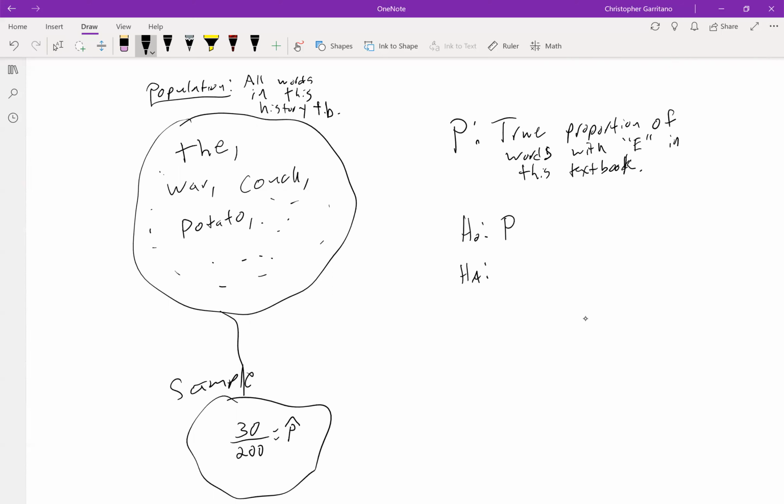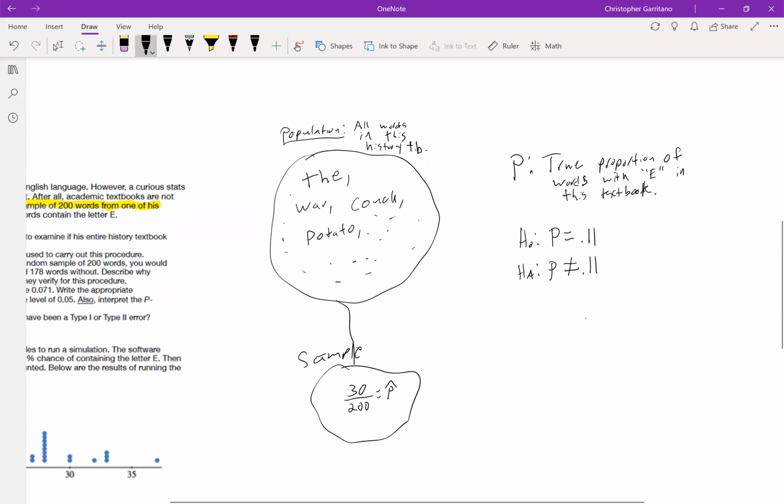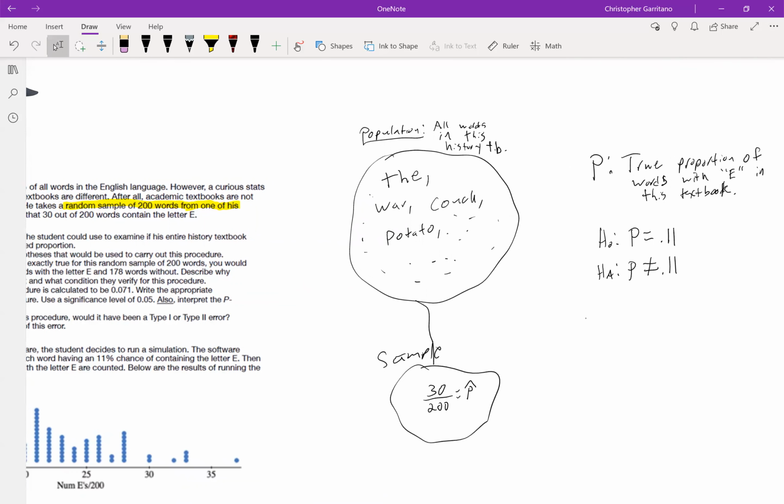So we're going to assume that the textbook is the same, that the true proportion of words with E in this textbook is equal to 0.11. The alternative hypothesis is going to be not equal to, because for this textbook to be different, it could either have more than 11% or fewer than 11% words with the letter E.